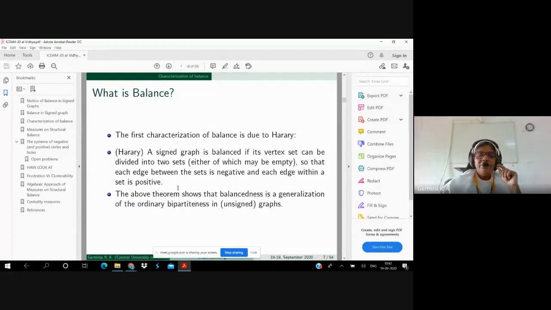That is, you should be able to bipartition the vertex set into two sets such that all the edges within each group are positive, and in between there should be negative edges. Then we say that the system is balanced. This can be considered a generalization of the usual balance theorem in ordinary graphs.